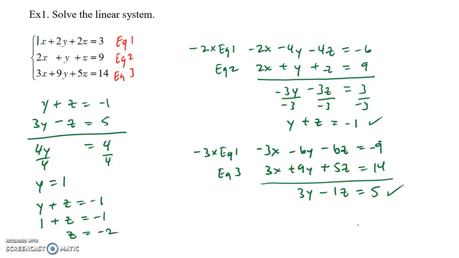So that now, having found y and z, we can go back up to one of our original three equations and solve for x. Probably using equation 1 will be the simplest choice.